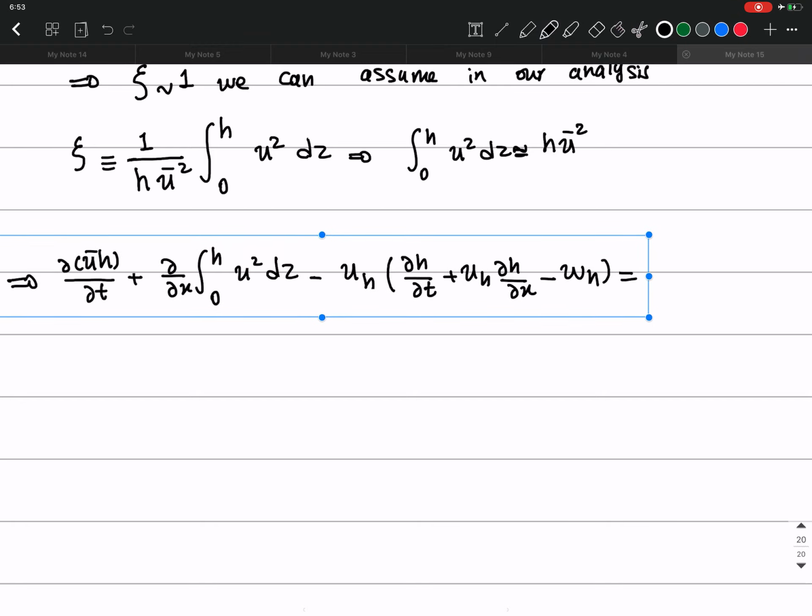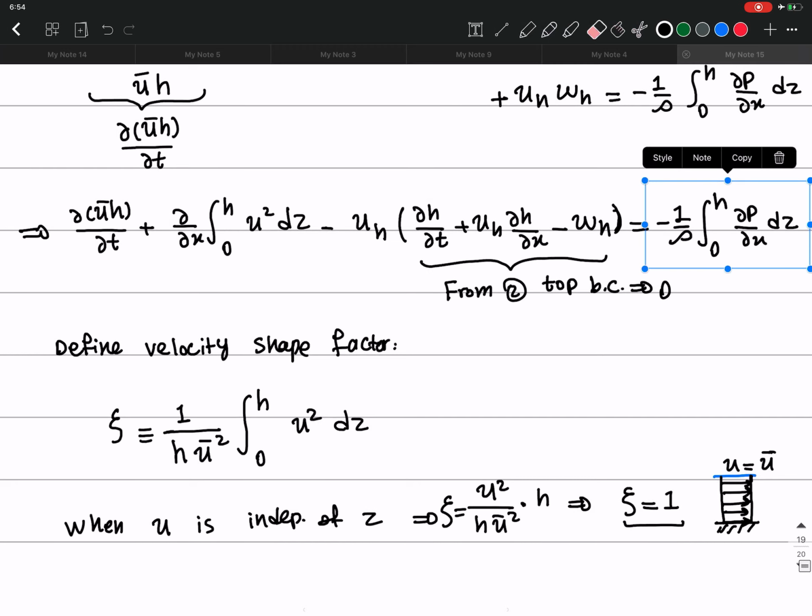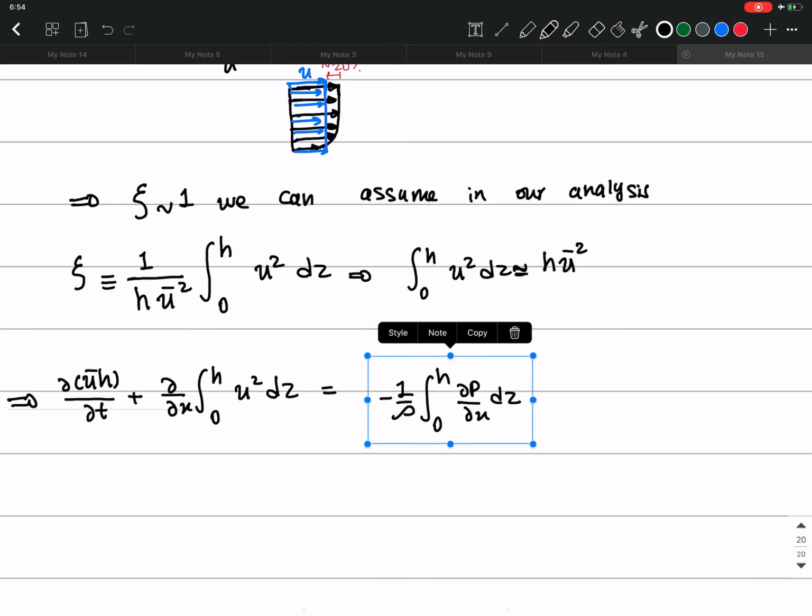So we have this equation. This is just 0 based on what we learned. This equals this, and again, this equals h u bar squared.